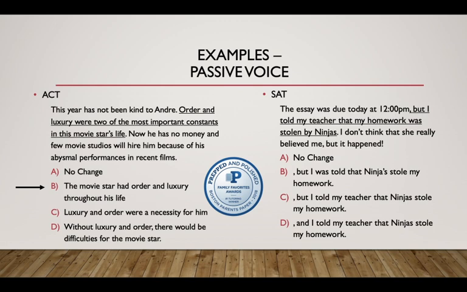Well, we have a couple of options here, and I want to make sure that I have correct usage of my subject. Well, I told my teacher is pretty much a given. So that gets me down to C and D. Now, you could argue that the comma and here is the only difference. Well, if we're looking at this, that's right. Comma and does not work here as part of this sentence structure.